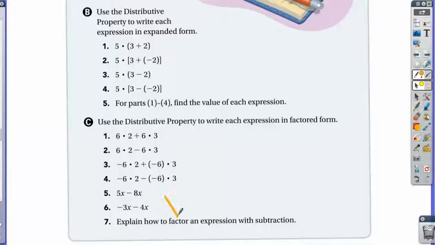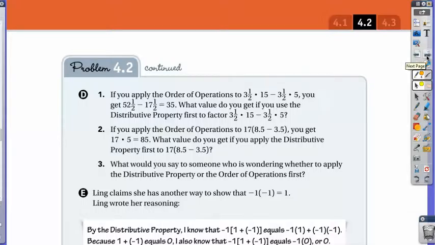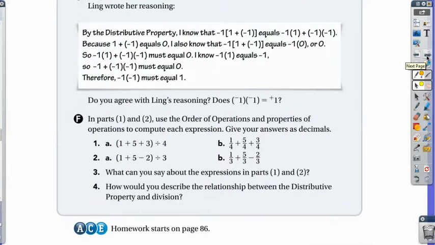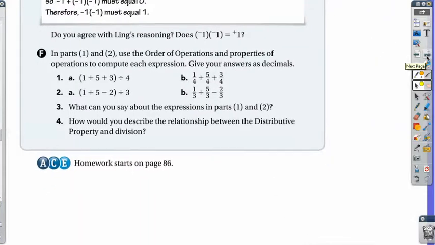So I did x times -3 plus 4. And so now we're going to take a look at problem F. We're going to skip to problem F. Problems D and E were essentially asking what is easier, or looking for easier ways of solving problems using the distributive property.